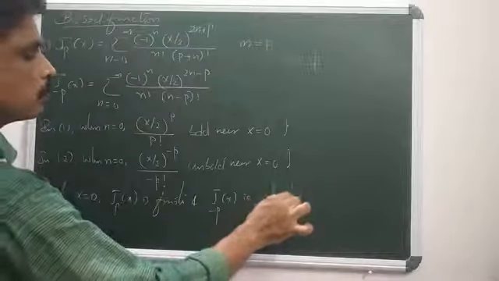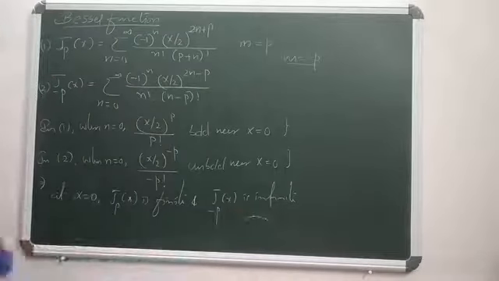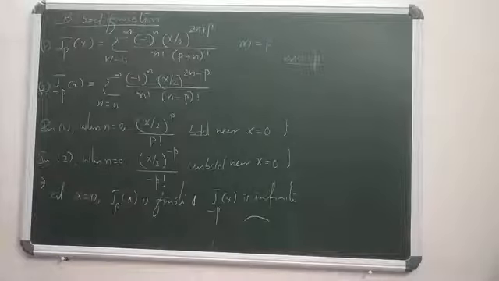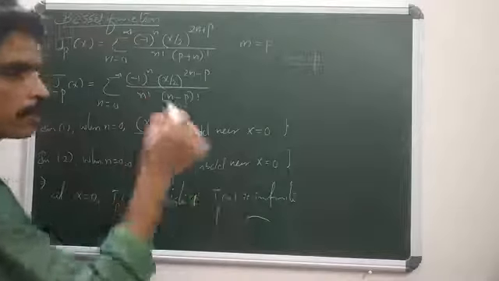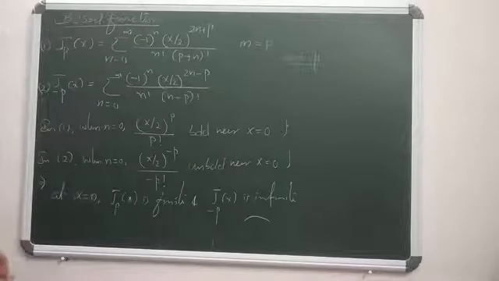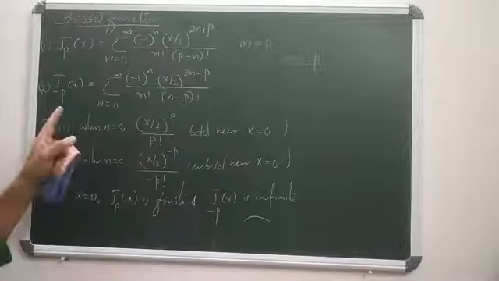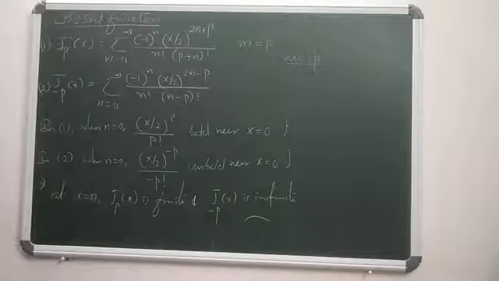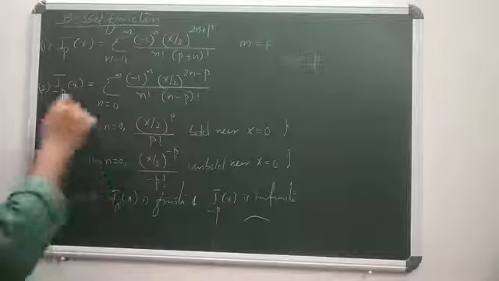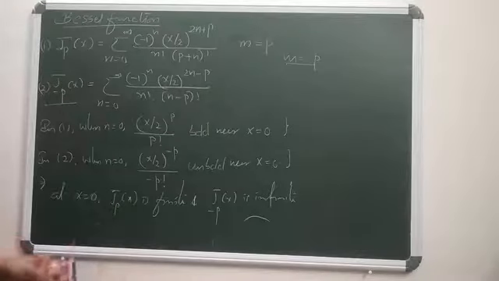So these are the two important things. That is, at x equals 0, J p x is finite, but J minus p x is infinite. So clearly, one is not a constant multiple of the other. Why? Because one is finite, the other is infinite. So J p x and J minus p x are linearly independent.